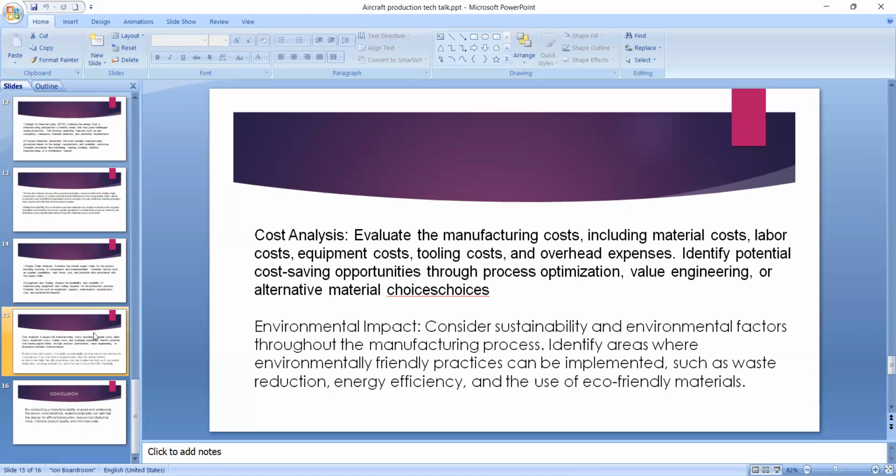Environmental impact: consider sustainability and environmental factors throughout the manufacturing process. Identify areas where environmentally friendly practices can be implemented, such as waste reduction, energy efficiency, and the use of eco-friendly materials.